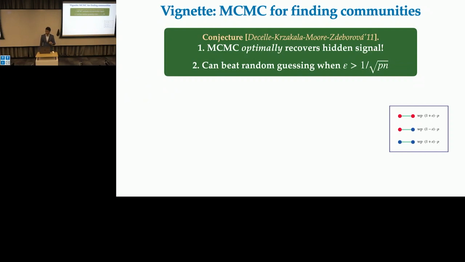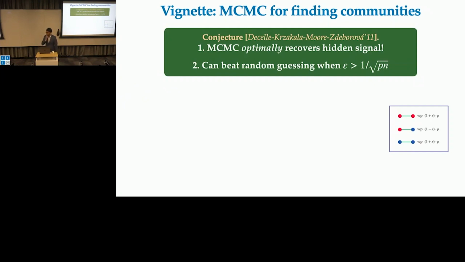So in this non-rigorous work, where their methodology was either experimental or based on physics heuristics, they were able to verify experimentally that the Markov chain actually optimally recovers the hidden signal for the stochastic block model. And they also identified when it is possible to beat random guessing.